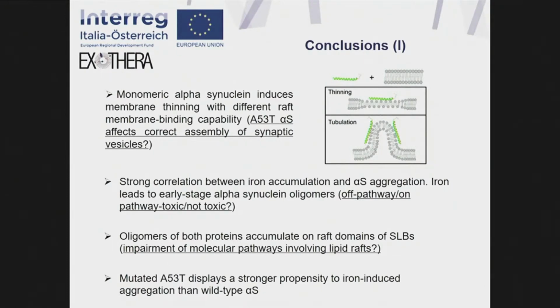And we proved that the iron is able to induce stronger aggregation. We confirmed that the aggregation is most pronounced for the mutated form of alpha-synuclein, and that the formation of these specific structures by these oligomers could somehow be involved in the impairment of the molecular pathway of the proteins.